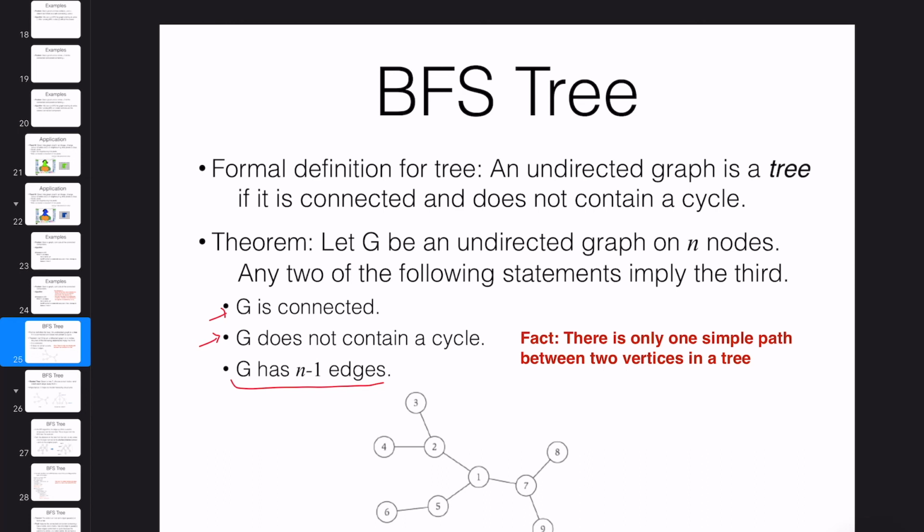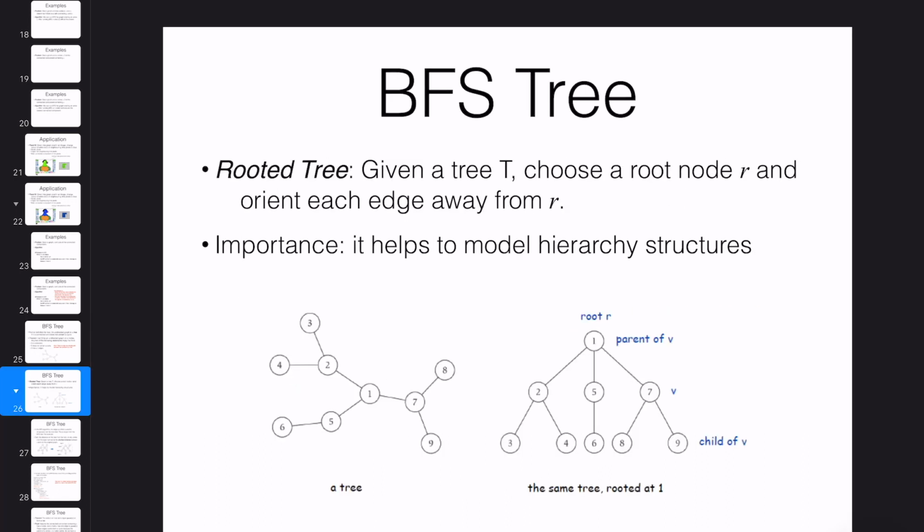If you know that your graph doesn't have a cycle and the number of edges is n-1, you can prove that the graph is connected. If you know that the number of edges is n-1 and the graph is connected, you can prove that there is no cycle. So you have a tree.